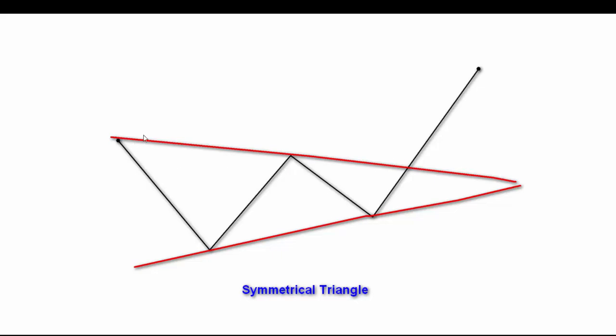Any resistance and support line, and the same: there must be 4 reaction points inside that triangle. The first, second, third, and fourth. As you already know, in order to form a resistance line, we need at least 2 resistance levels, and the same in order to form a support line, we need at least 2 support levels.